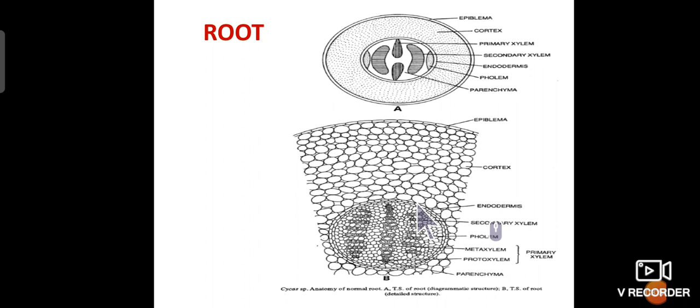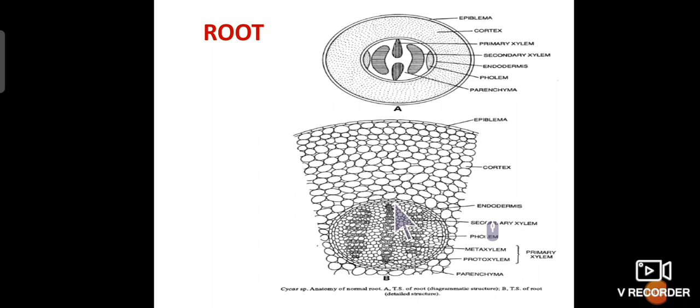In this diagram you cannot see them, but just remember that in the endodermis we can find the Casparian thickenings, those band-like thickenings which are usually present in the root endodermis.